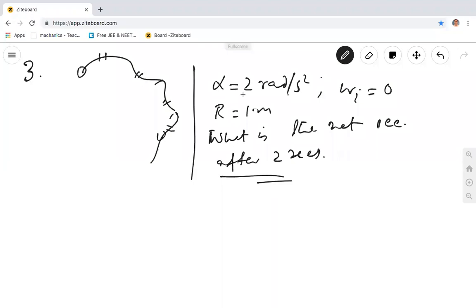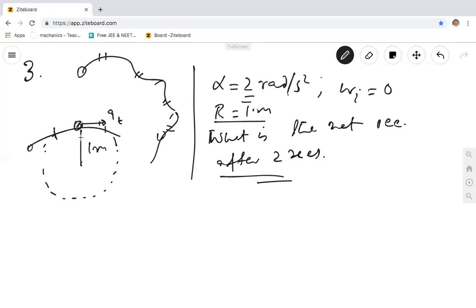This is our question. A particle moves in an arbitrary way. Angular acceleration is this, initial angular velocity is 0. Radius of the path at that point is 1 meter. I mean, possibly it is moving like this here, or the radius of this path, the angular path, we will call the radius of the arc, is suppose 1 meter. So here we have to find its acceleration. So what accelerations can it have? Tangential can be there, right?